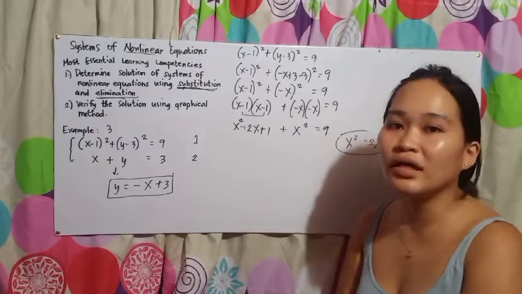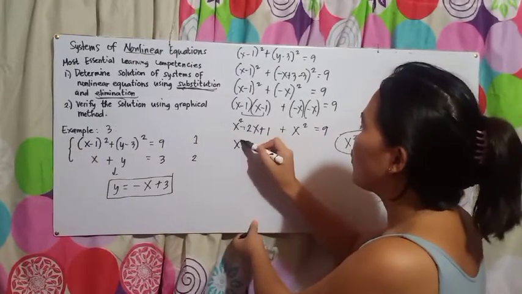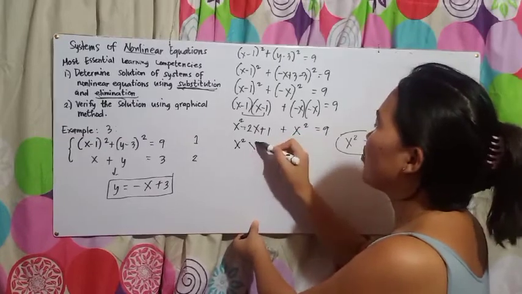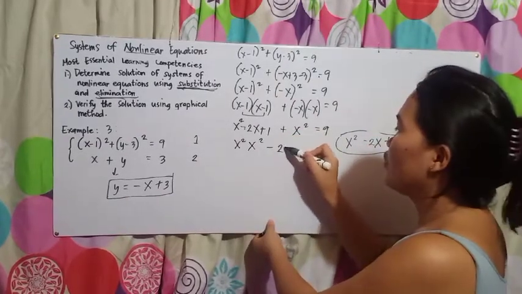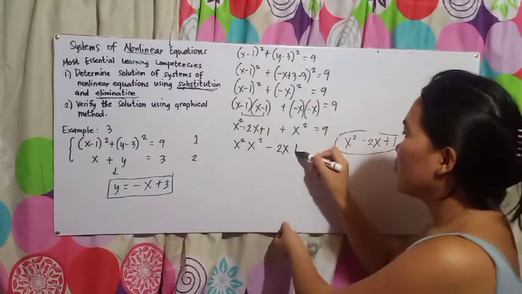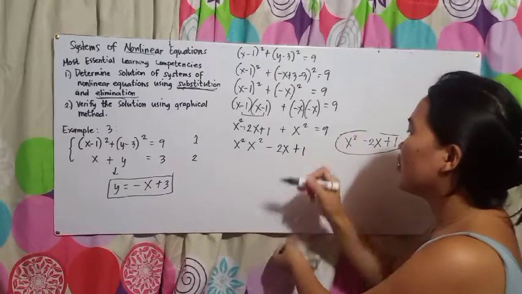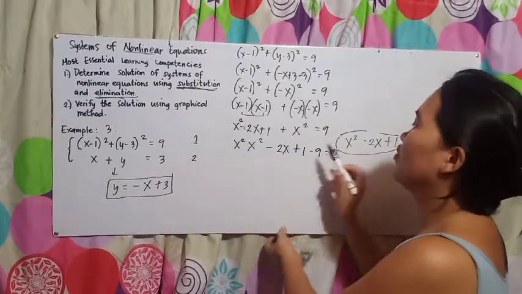Then we combine like terms. The x squared terms go together since they have the same exponent, then negative 2x, then plus 1, then we move the 9, negative 9 equals 0.